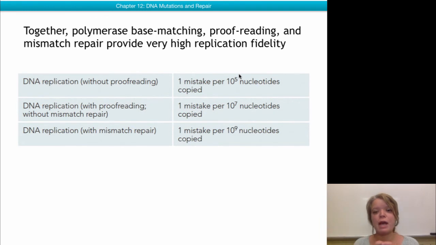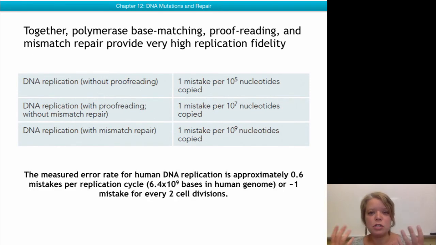So there's an orders of magnitude increase, 100-fold here and then 100-fold there, to achieve such a precise DNA replication that DNA polymerases are able to provide us, which is very good, because even though not all mutations as they arise are deleterious, it's still very important to make them as few as possible.